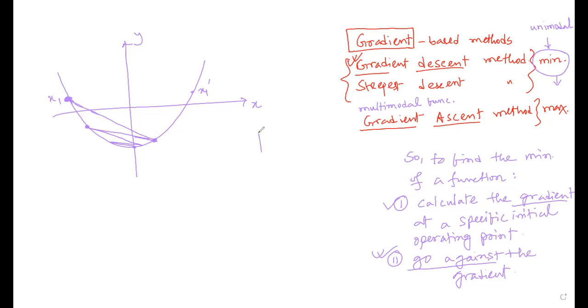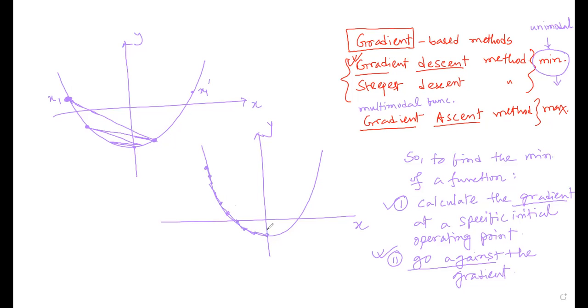On the other hand, if the jump is too small, your steps are too small, then what will happen? It will take probably an enormous amount of computing time to reach the minimum.